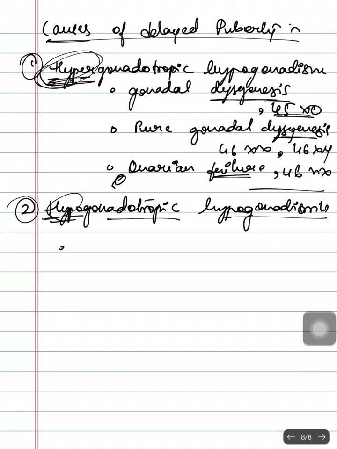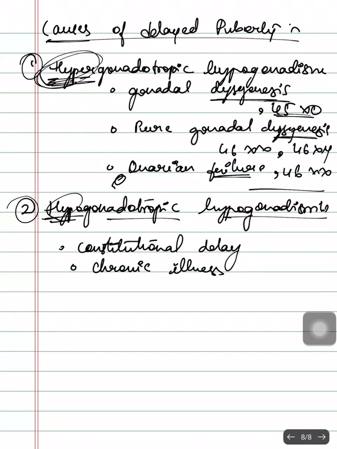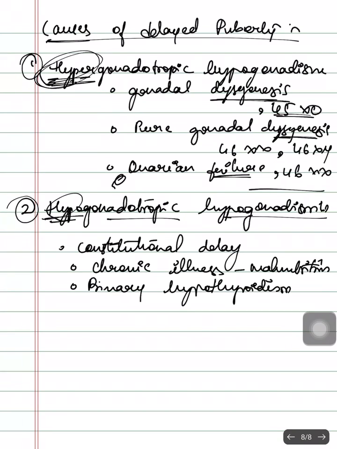The second one is chronic illness, like malnutrition. Thirdly, there is primary hypothyroidism. And the fourth one is isolated gonadotropin deficiency, which is also known as Kallmann syndrome.